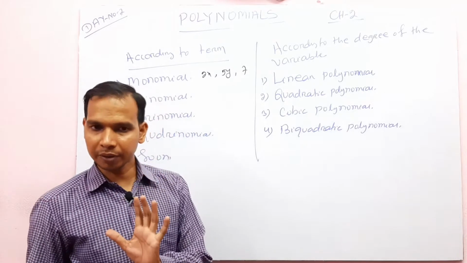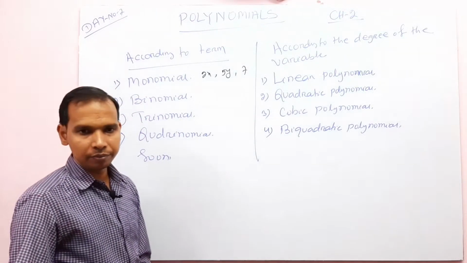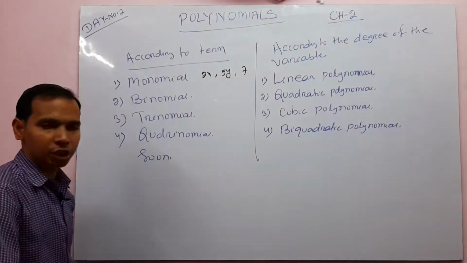Confirm this. Then come to the second point, binomial. Same process. Bi means 2 and nomial means term.